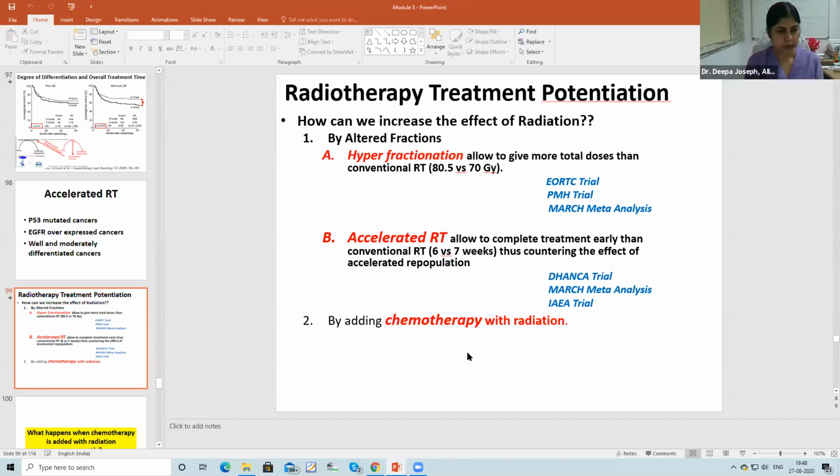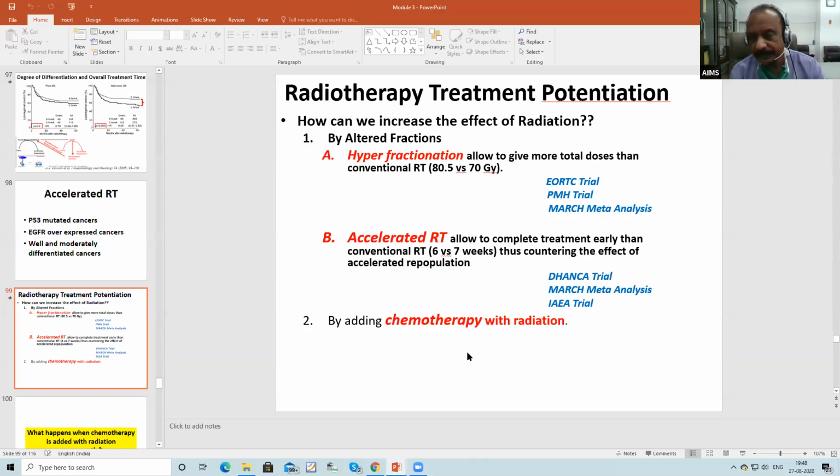Sir, what is the effect of a hyperfractionated accelerated schedule on acute and late toxicities? See, I think I have given you the basics. Just calculate the BED and you will get the answer. You calculate BED for early reacting tissue.